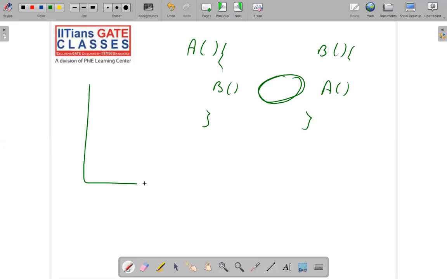In your memory, the stack plays a very important role. Initially I call A, and A will be called. Then A calls B, and the call of B is pushed onto this stack.